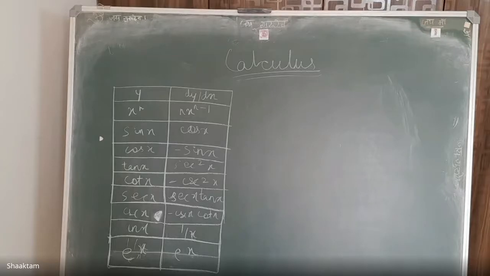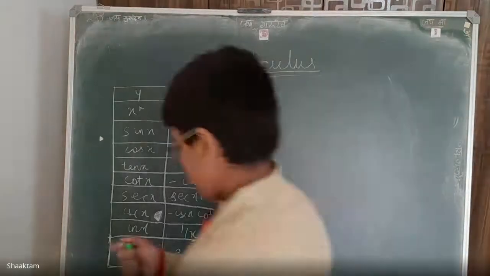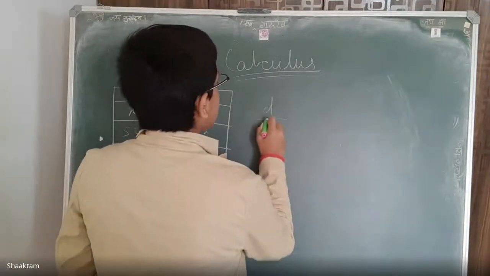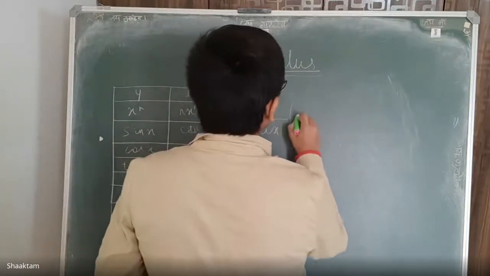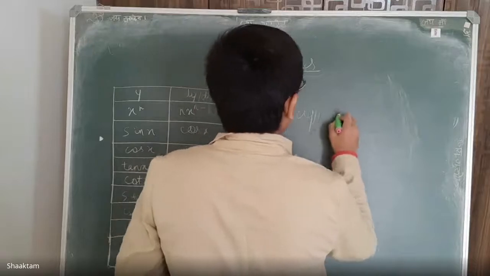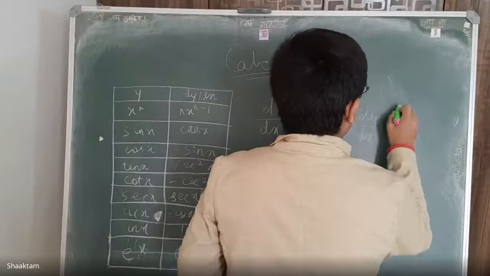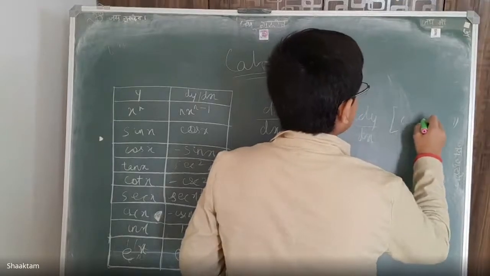I think all of you are done with noting these down. So let me tell you the other formulae. Okay, so the other formulae are as such. d by dx of c into y is equal to c dy by dx. This is only if c is a constant.